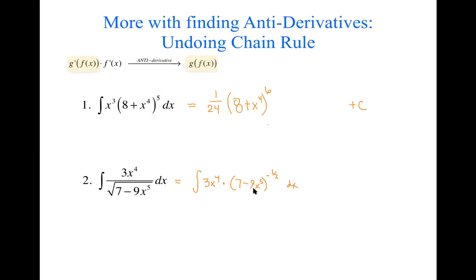This one's a negative half power, so thinking the same way, 7 minus 9x to the fifth must have been to one higher power. And using the idea that we did last time, divided by a half, well, there we go, times 2.